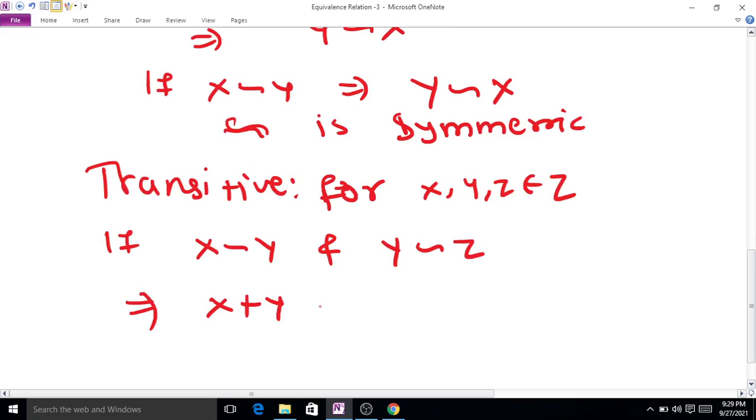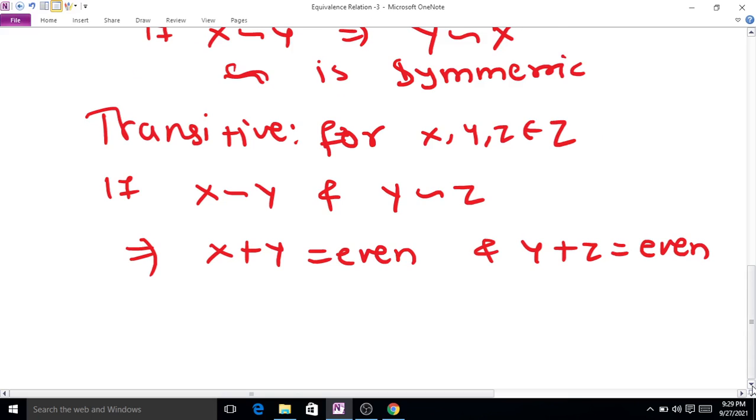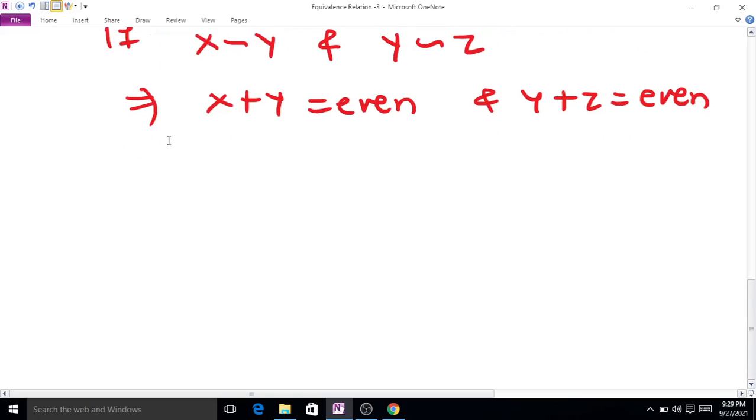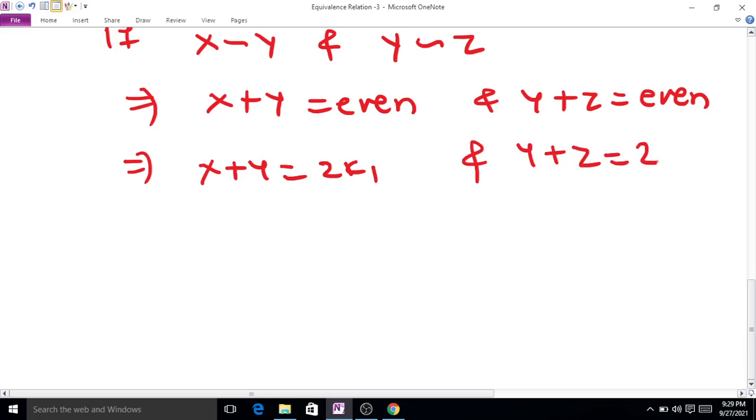Now, x related to y implies x plus y is even, and y related to z implies y plus z is also an even integer. Since x plus y is even, x plus y is equal to twice k1 for some k1 belongs to Z, and y plus z is equal to twice k2 for some k2 belongs to Z.